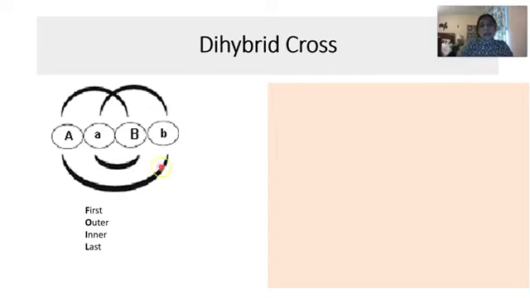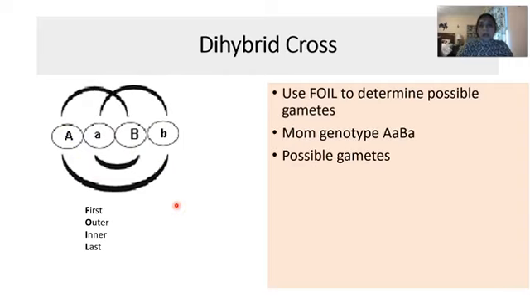So in a dihybrid cross, here is an example with a heterozygous individual for those two gene loci that we are interested in. So they have a dominant and a recessive allele for both. To look at the various gametes that can be formed, you do a FOIL method, and you look at all different possibilities of the various gametes that can form. So when we do that, the mom's genotype is AaBb, sorry, there's a typo.